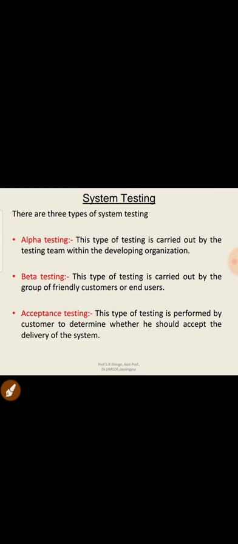Third is acceptance testing. This type of testing is performed by the customer to determine whether he should accept the delivery of the system or not. As the name suggests, acceptance testing is done by the customer to check whether all the requirements given in the SRS document are fully completed, and whether the software product is acceptable, meaning a high quality product has been developed.